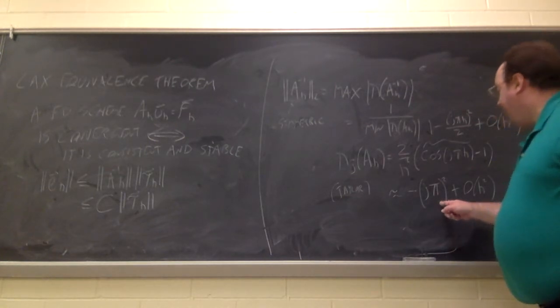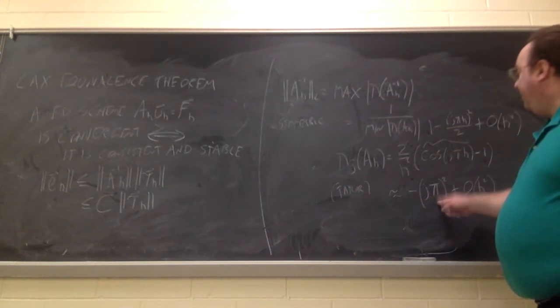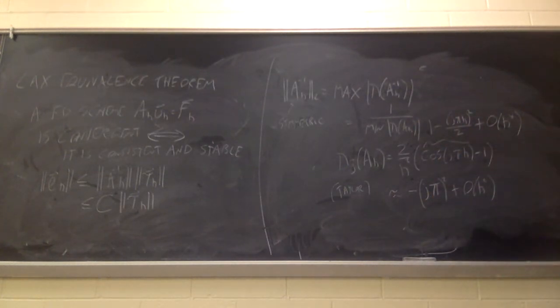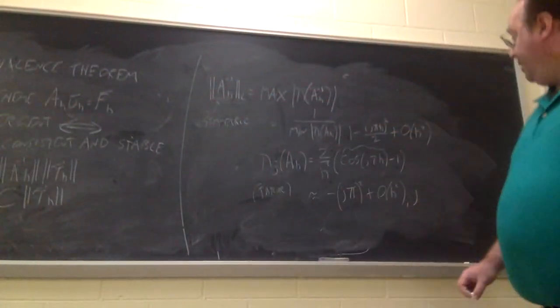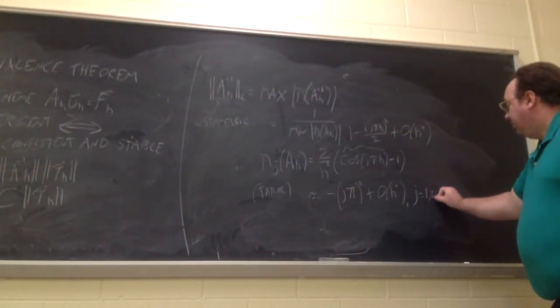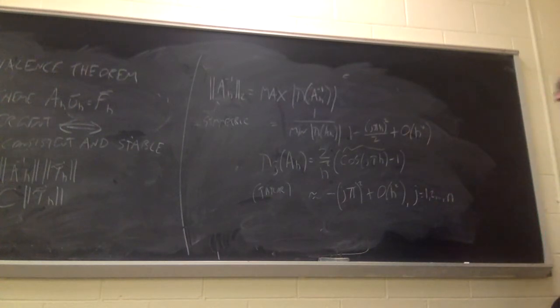So what this means is, by filling this in here, because I want this to be as small as possible. Okay. Well, I should mention j is a positive integer. So that j goes from 1 to n. So, what's the smallest eigenvalue in absolute value? You said j equal 1.